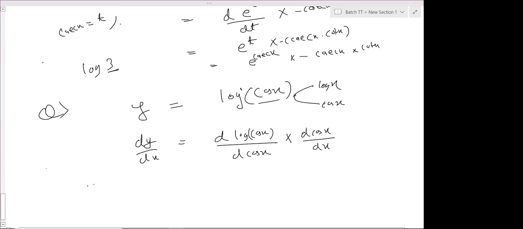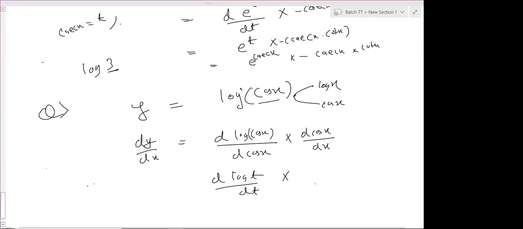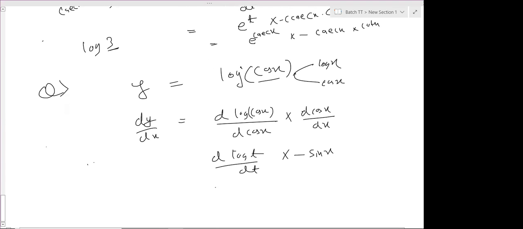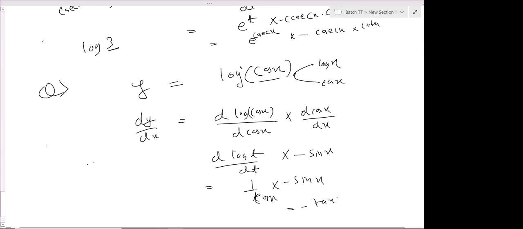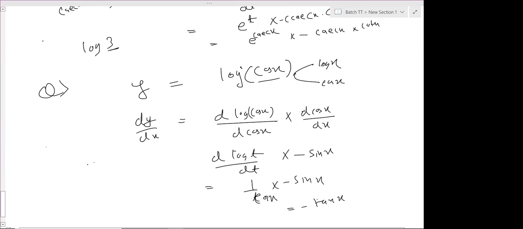Taking t as cos x, that becomes d of log t by dt into the differentiation of cos x, which is minus sin x. The differentiation of log t is 1 by t, into minus sin x. Put the value of t again: minus sin x upon cos x. So where did you get cos x by x? I put the t in the numerator.